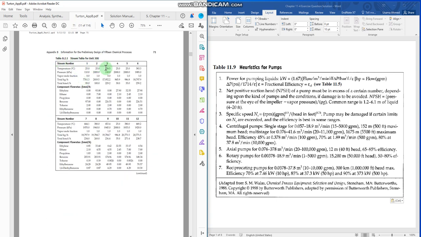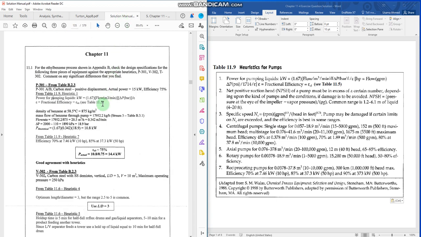Here you would go to the stream number 3, which is about the benzene flow rate. So in kg per hour, that is 17,952. So you have to put this one here, 17,952 kg per hour. That is the benzene flow rate into the pump. Now, once you have this one, you can convert this mass flow rate into the volumetric flow rate by simply dividing it by the density.